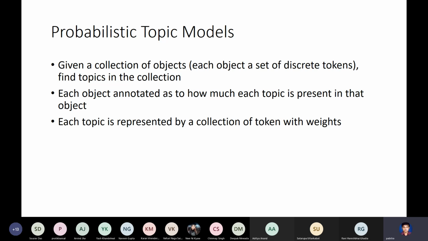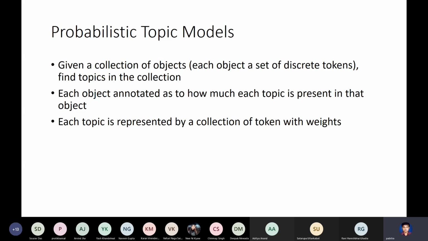And task 2 is that you have to characterize each topic, or rather you define each topic by a collection of words or tokens associated with the topic. So let's say the topic operating system is associated with semaphores and files and so on. This is associated with a set of tokens. And here also there is a ranking among the tokens.